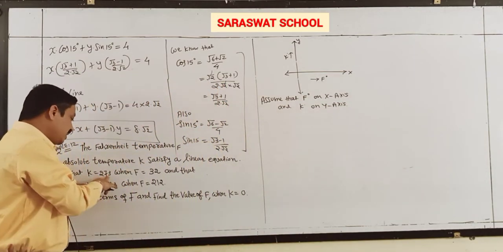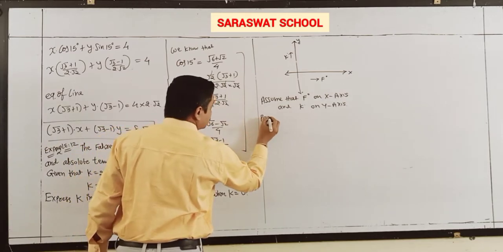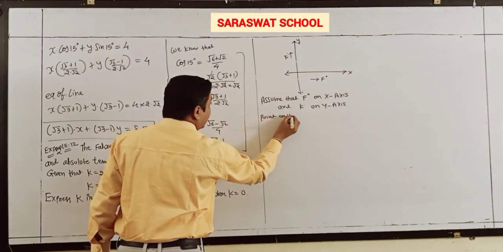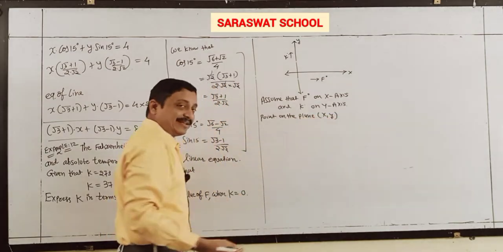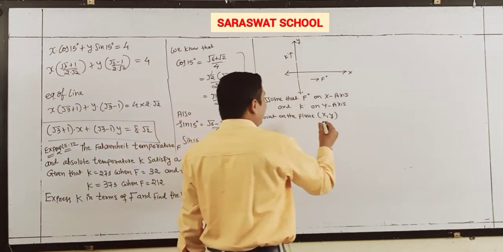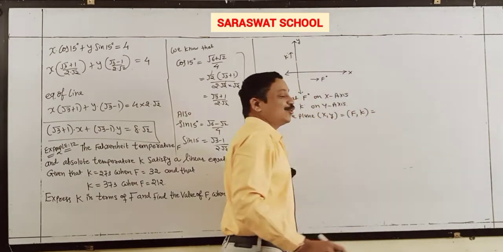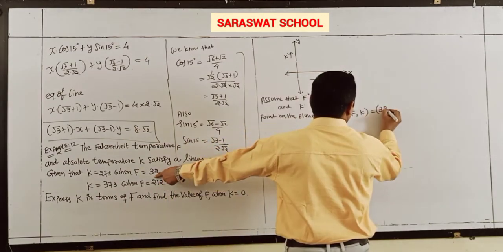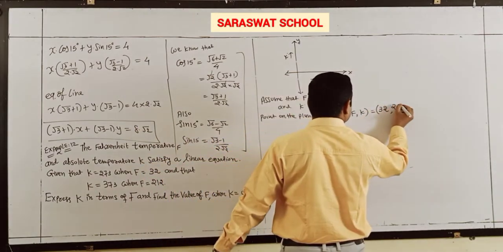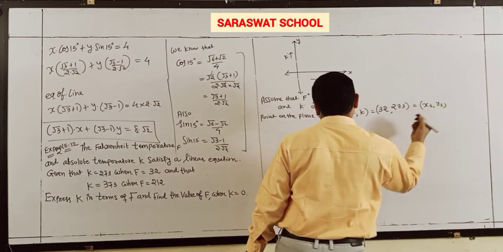Students, check here. K is 273 when F is 32, so it is a point on the plane, x comma y. What is your x? Fahrenheit. Temperature K is on y. So F is 32, then K becomes 273. That I consider x1, y1.